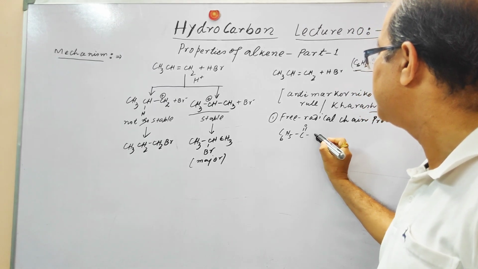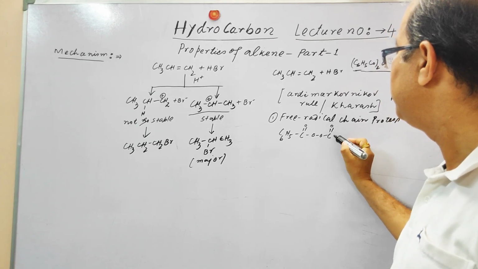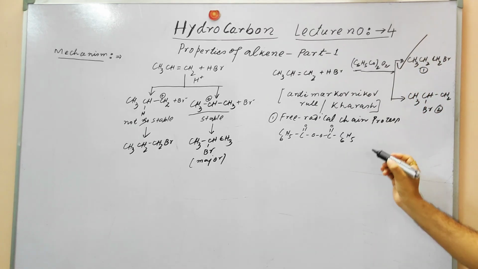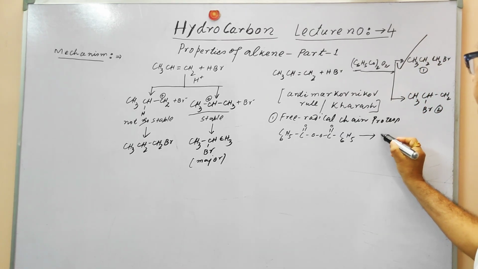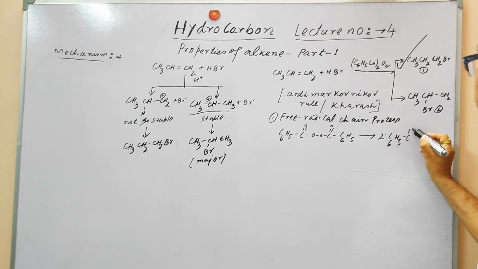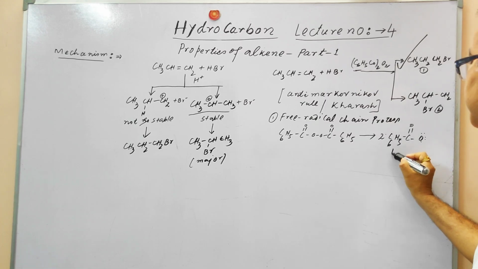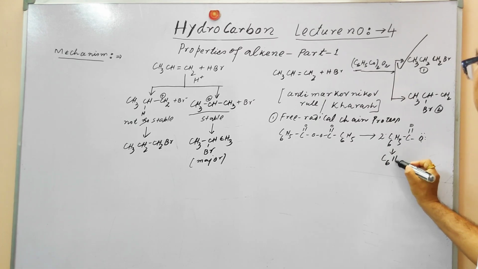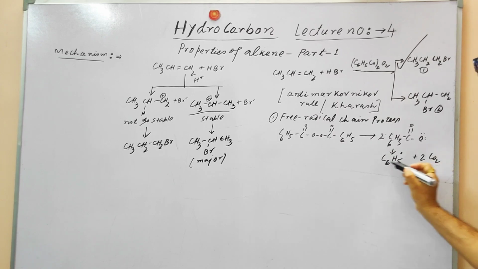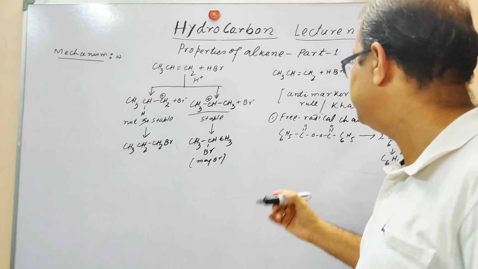Benzoyl peroxide will first produce the free radical, and this free radical is going to react with the HBr and break the bond of the HBr.